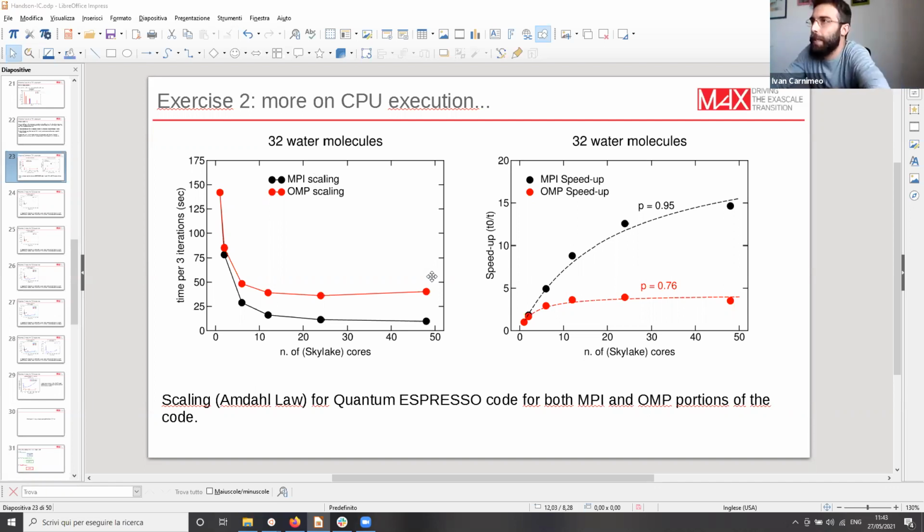Here we have an average size system: 32 water molecules at the gamma point. I ran calculations using one node, so 48 cores, as my computational facility is provided with 48 cores. I can choose whether to use these cores within MPI parallelization or Openmp parallelization.